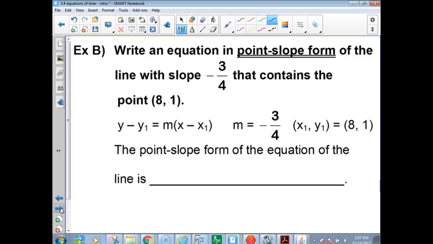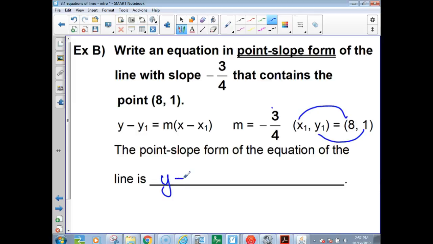Write an equation with a slope of negative 3/4 and a point on the line of 8, 1. So the x1 is 8, the y1 is 1. You put it into the formula. We'll replace the m with a negative 3/4.